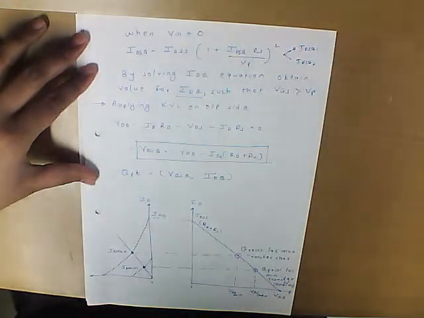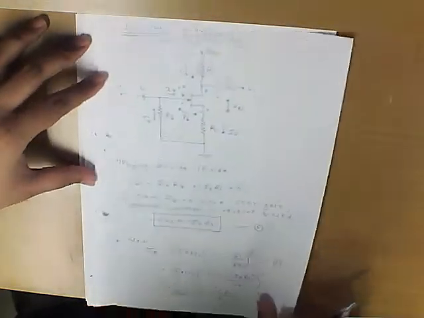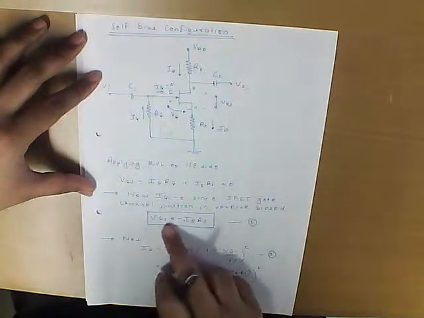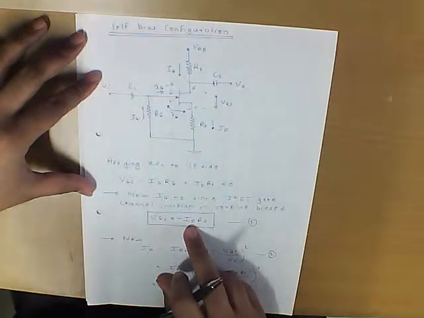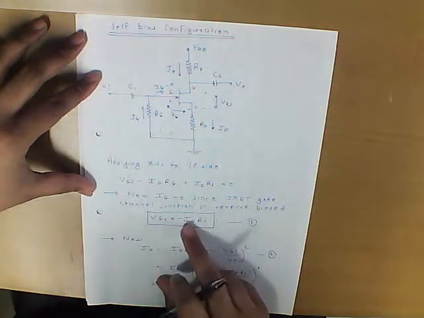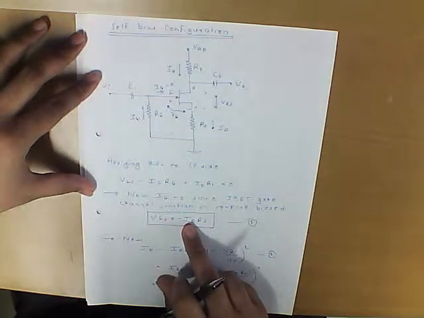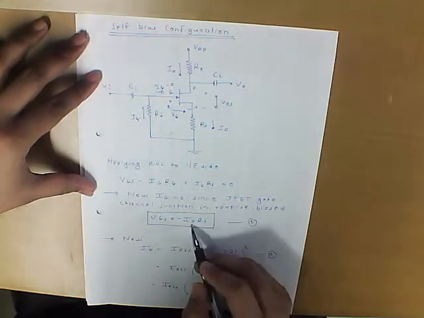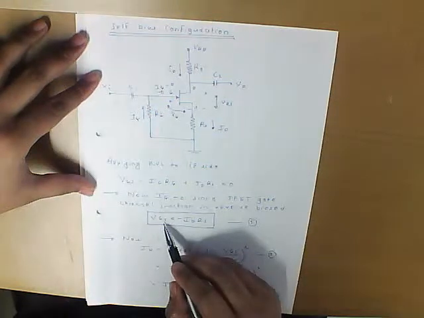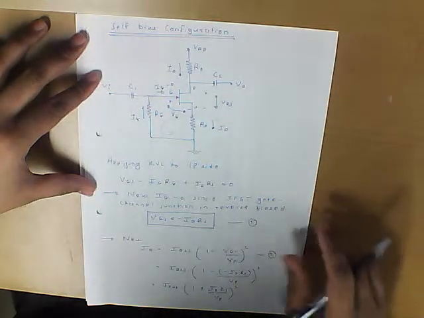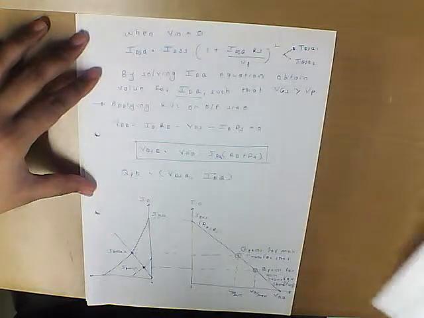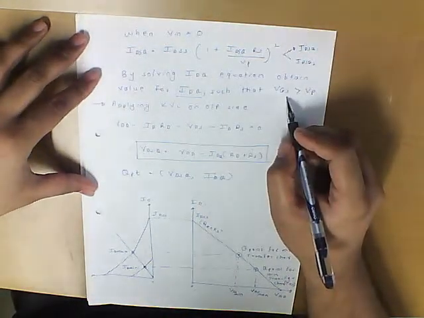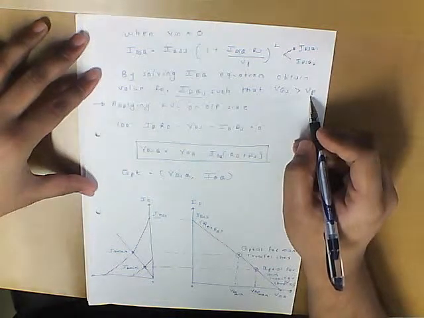From the previous equation, we can see that VGS is equal to minus ID times RS. So VGSQ is equal to minus IDSQ into RS, where IDSQ has two values now, IDSQ1 and IDSQ2. So we substitute the two values of IDSQ in this equation for VGS, and select that value of IDSQ for which VGS is greater than VP.